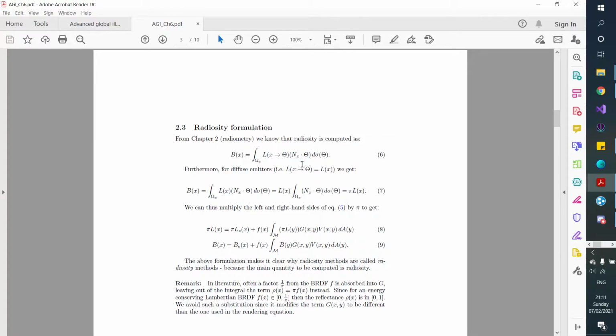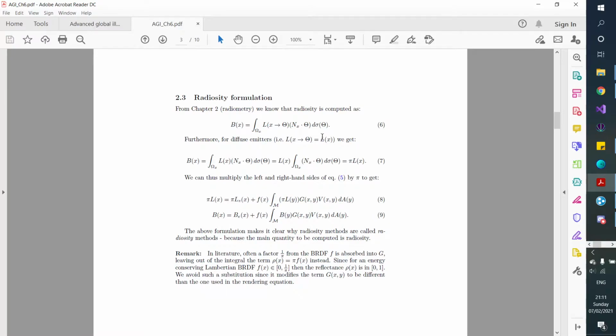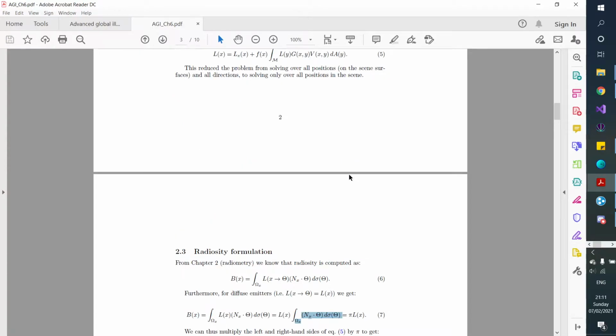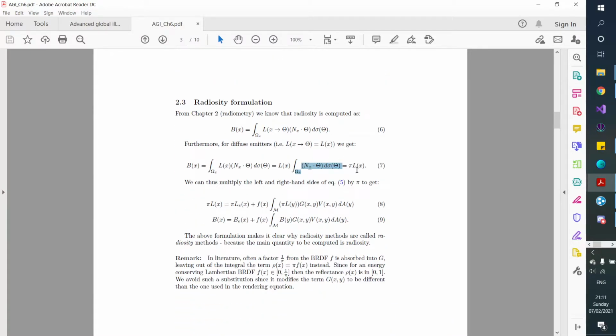And now let's plug in the fact that our radiance doesn't depend on direction. Then you get this. You can take out L of x, simply because this is an integration over a solid angle, and there's no solid angle here. It's only here. Then the integral of this is just pi.